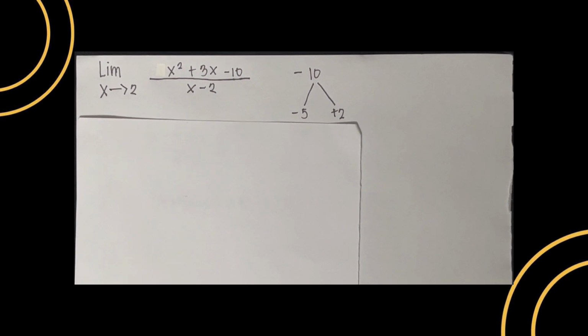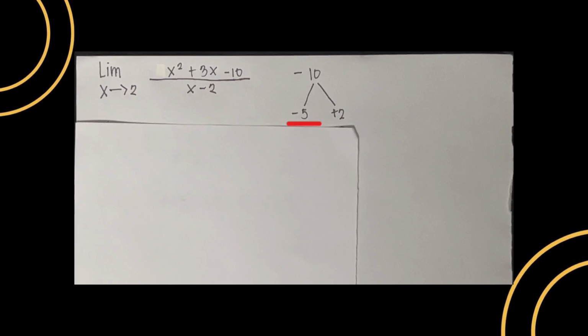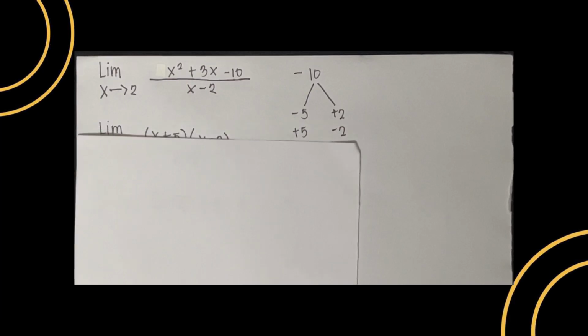How can we factor this trinomial? To do so, find two numbers that multiply to negative 10 but add up to 3. Two numbers that multiply to 10 are 5 and 2. Now, we can make it negative 5 and positive 2 or positive 5 and negative 2.